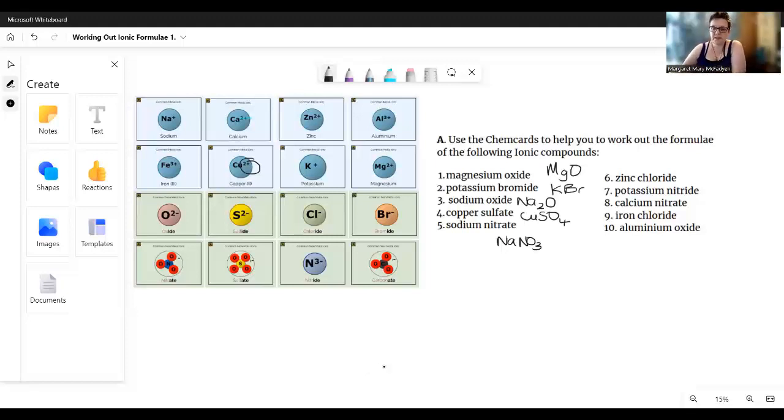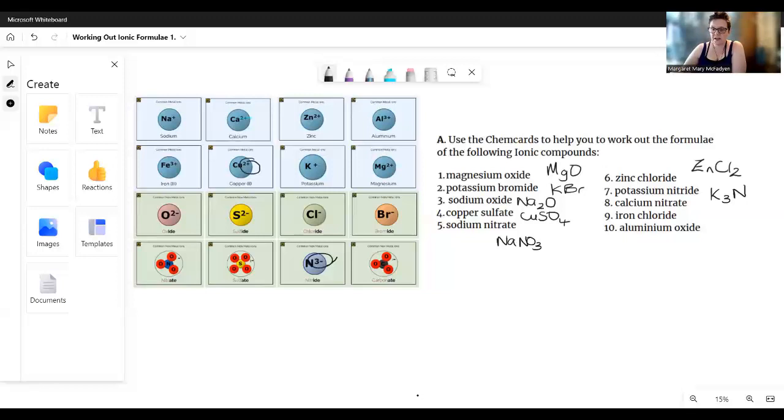So moving on to number 6, zinc chloride, ZnCl2, since Zn is 2 plus and Cl is 1 minus. Potassium nitride is going to give you K3N, so you will need 3 of those to cancel out 1 nitride, because nitride is 3 minus here.